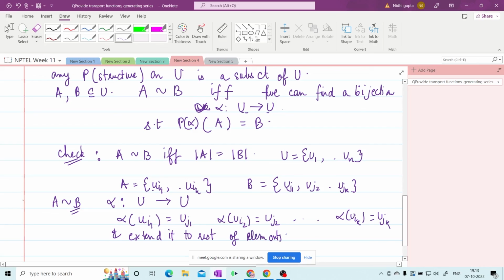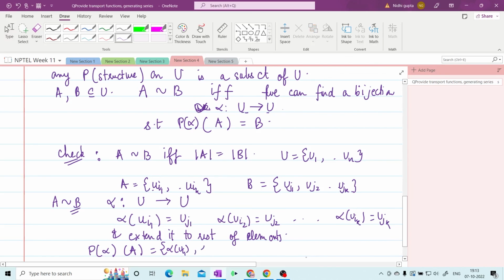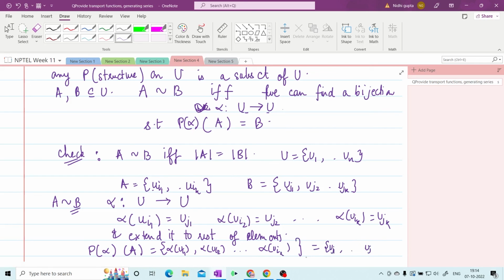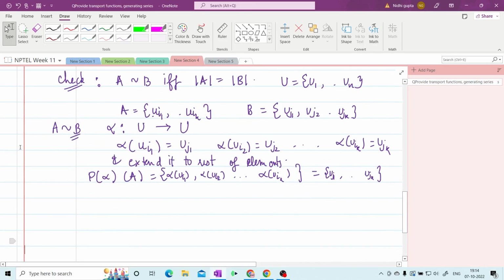So we see that P(alpha)(A) is alpha(U_I1), alpha(U_I2), ..., alpha(U_IK), which by definition we have defined to be U_J1, ..., U_JK. So any two sets which have the same order are isomorphic.